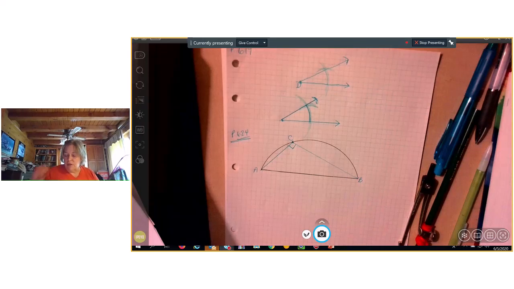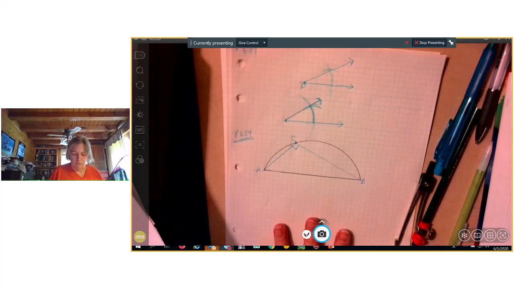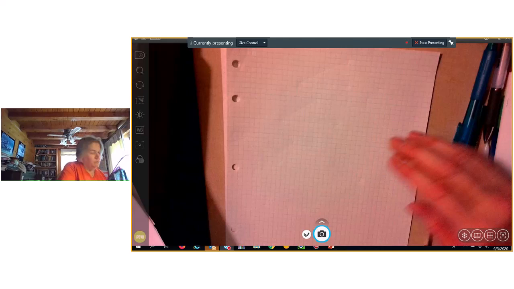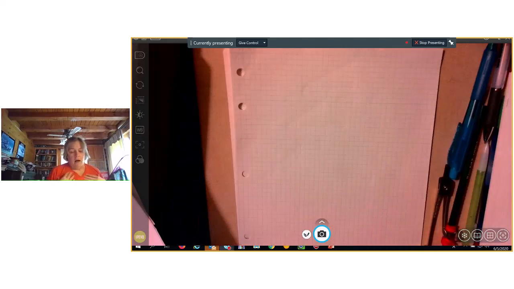Now I'm moving to 12.2, which is actually where all the construction was. When we are doing this, we are actually going to be constructing the first one.